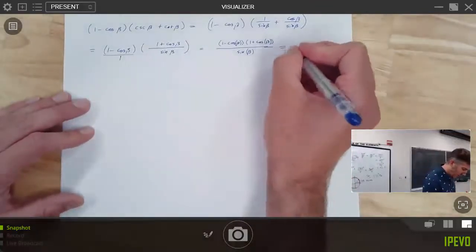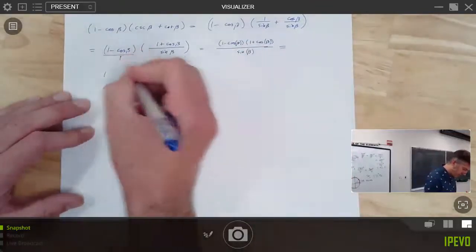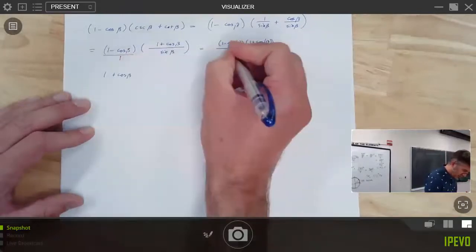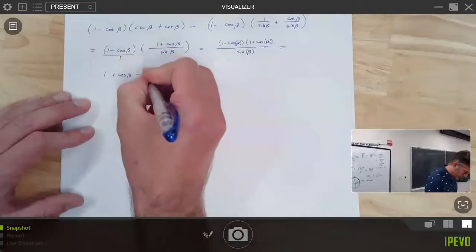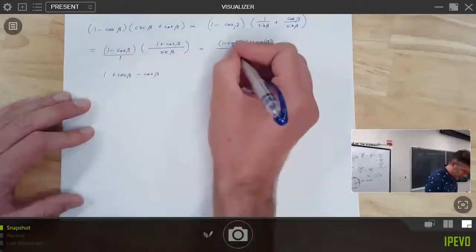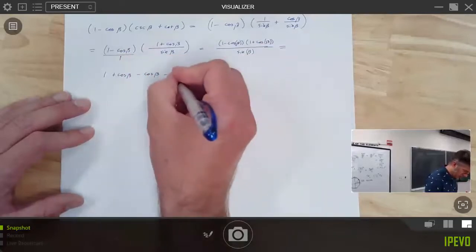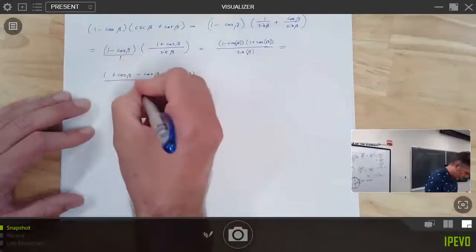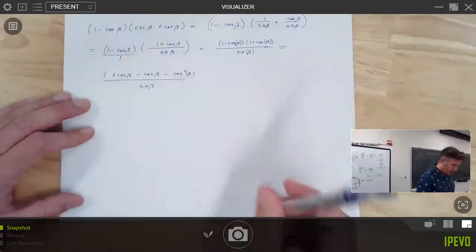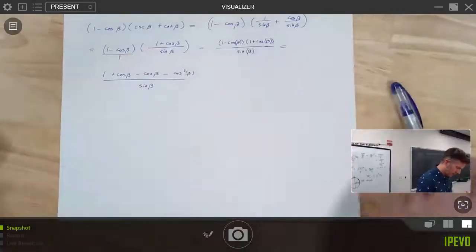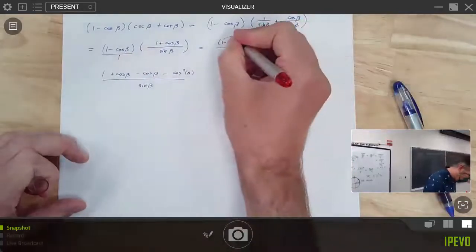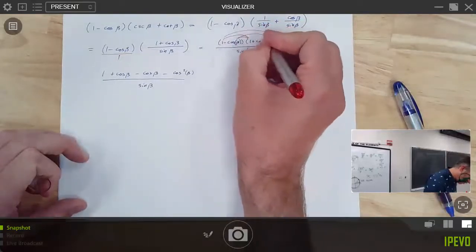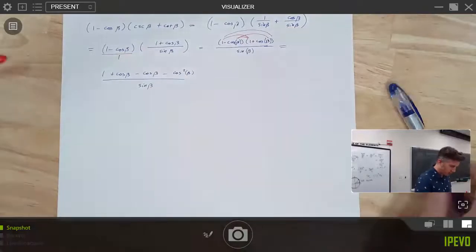And now we are going to FOIL. 1 times 1 is 1. 1 times cosine beta is plus cosine beta. Negative cosine beta times 1 is minus cosine beta. And negative cosine beta times cosine beta is minus cosine squared beta, all over sine of beta. You could draw the little thing: this times this, this times this, whatever you like.